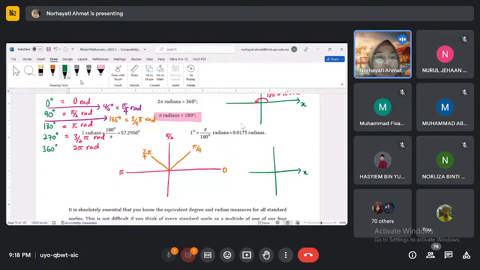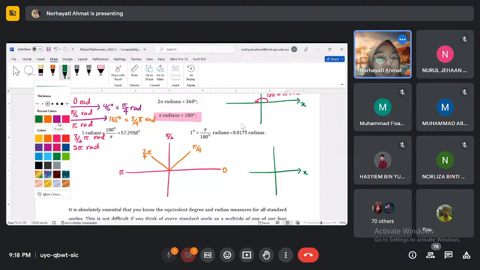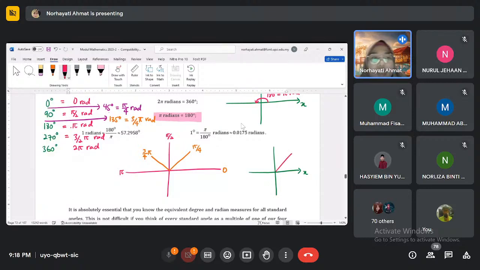Okay, 3 parts kita bahagi kepada 3 bahagian. Okay, so 3 bahagian dekat sini lah. Sorry, lukisan tak accurate. Okay lah, boleh lah lebih kurang lah 1, 2, 3.